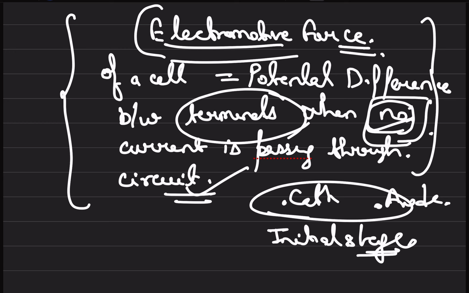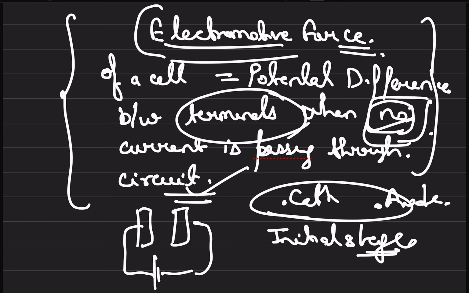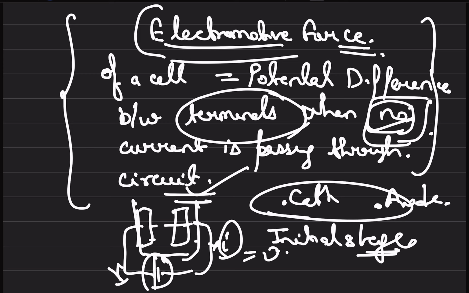Suppose that this is the circuit. When the current in this circuit is equal to 0, the potential difference, which is V, is equal to the electromotive force, or sometimes QE. E is the electric field, which is a term of physics.